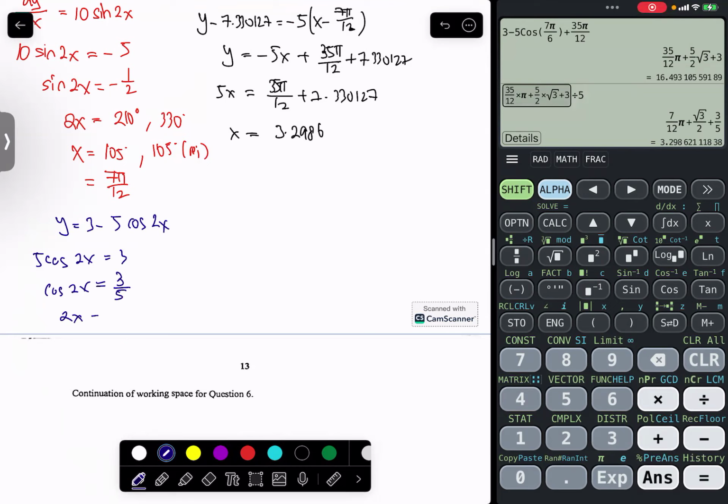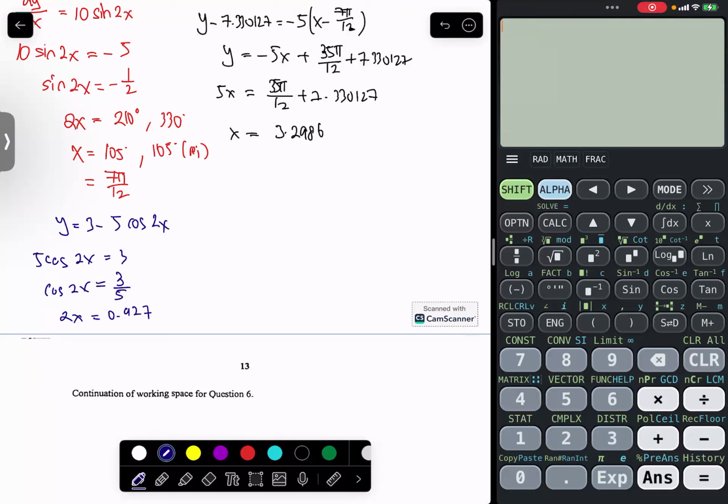So 2x equals cosine inverse 3 out of 5. So we get 0.927. But cosine is positive means that it can lie in quadrant 1 and quadrant 4.